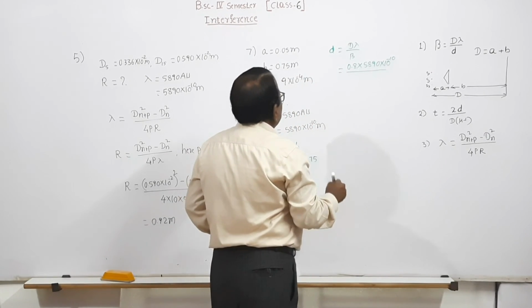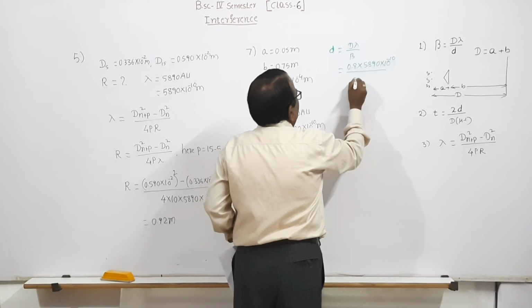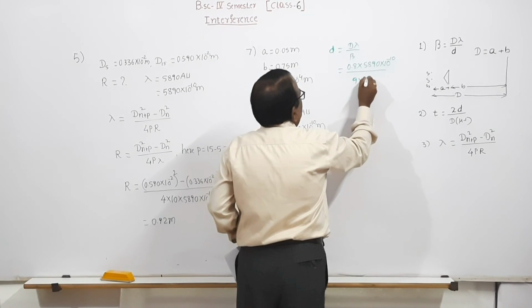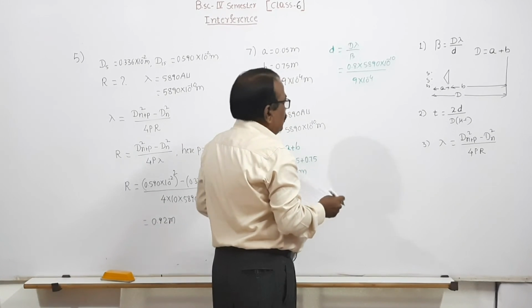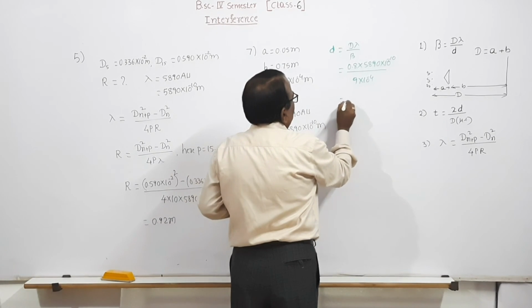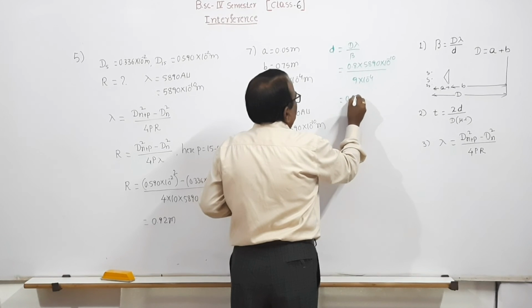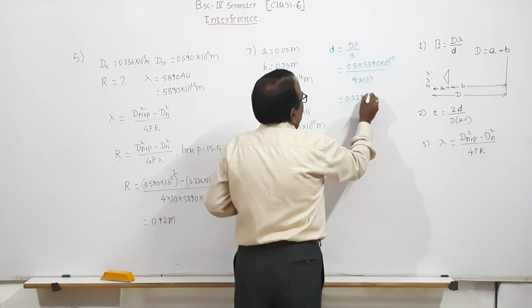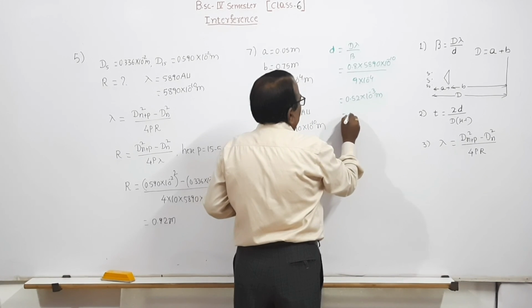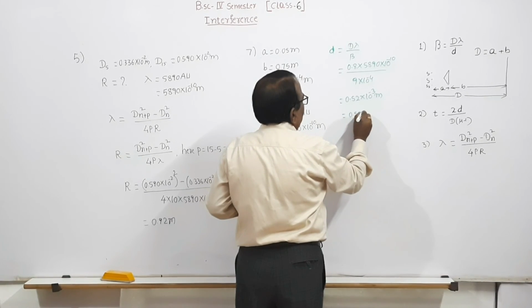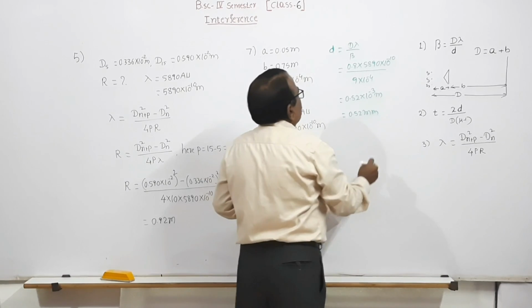Your beta is 9 into 10 raised to minus 4. Then if you simplify this, you are going to get 0.52 into 10 raised to minus 3 meter or 0.52 millimeter.